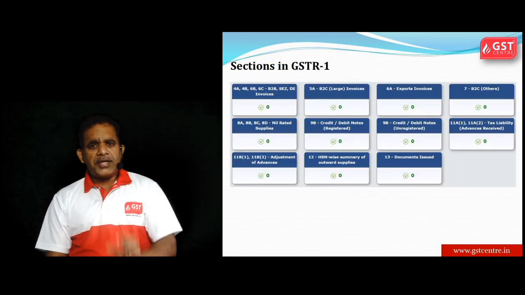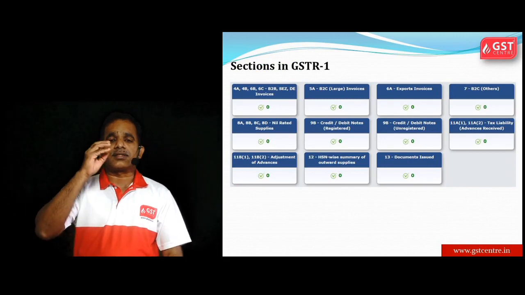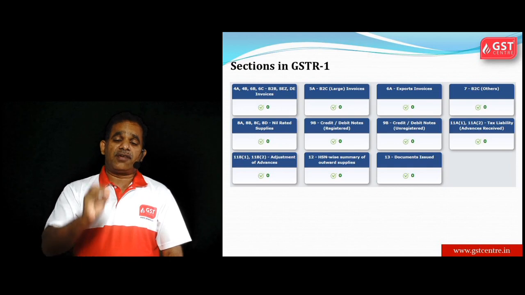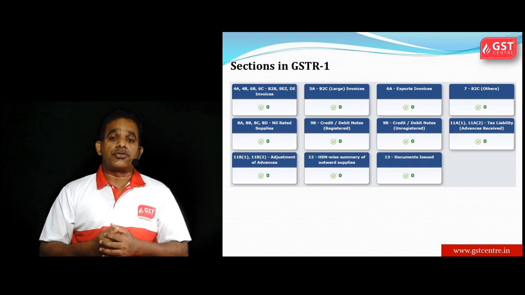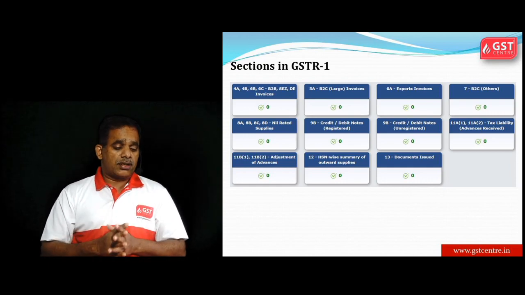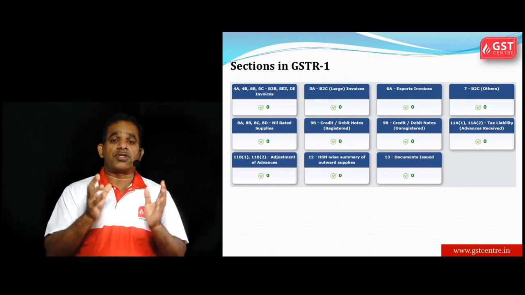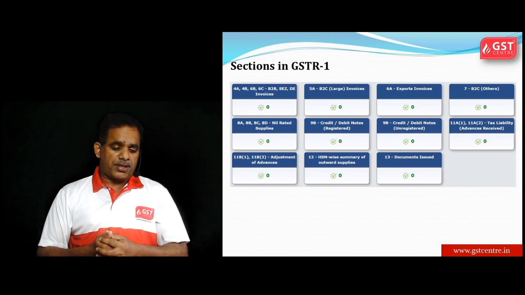Then coming to sections in the GSTR1 return, there are mainly 11 sections, 11 categories of details to be submitted. First one is 4A, 4B, 6B, 6C, B2B, SEZ, deemed exports invoices. That is based on the table in the GSTR1 format.